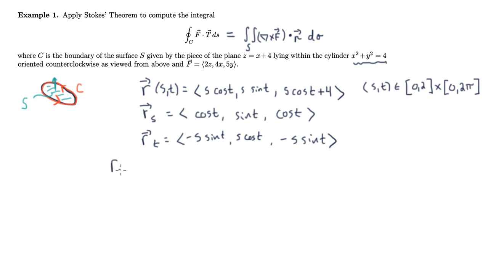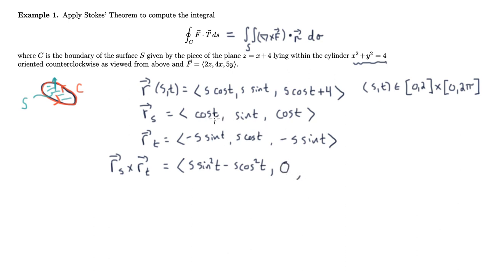And then the cross product is going to be s sine squared t minus s cosine squared t. Then we have minus, but really plus, s sine t cosine t, and then this is going to be minus, but plus s sine t cosine t, again, so that's going to be 0.